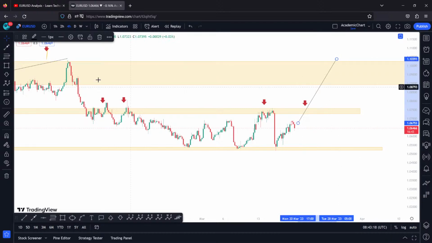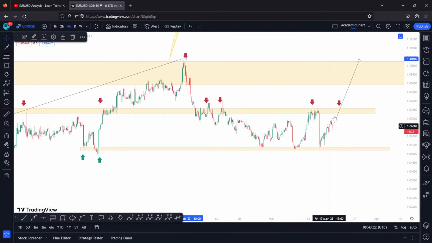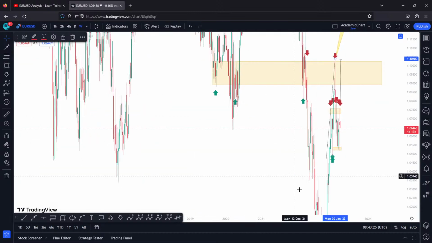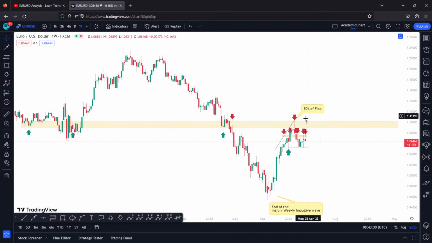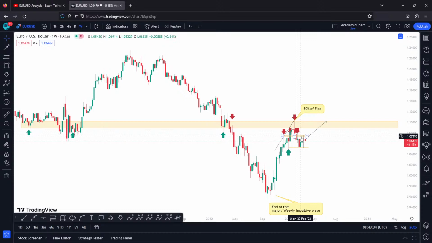Reaching this previous 50 percent, or a continuation of this previous weekly corrective structure, if I reset the chart on the weekly again. So having a sharp return from this, let me remove a bunch of these arrows here. It is really good practice to always talk on a very clean chart.